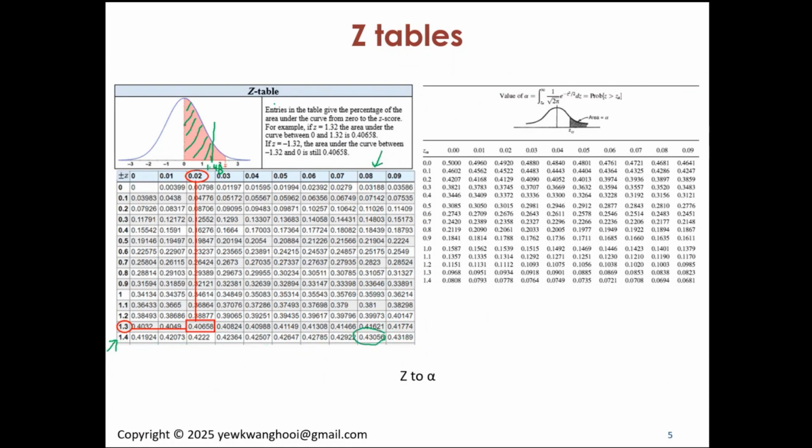Therefore, if I ask you, what is the area, the green shaded area? The answer is 0.43056. But that's not the right answer. Yeah, I need to add 0.5.